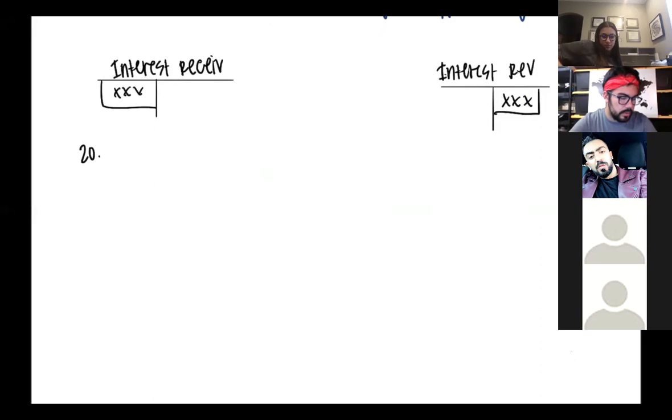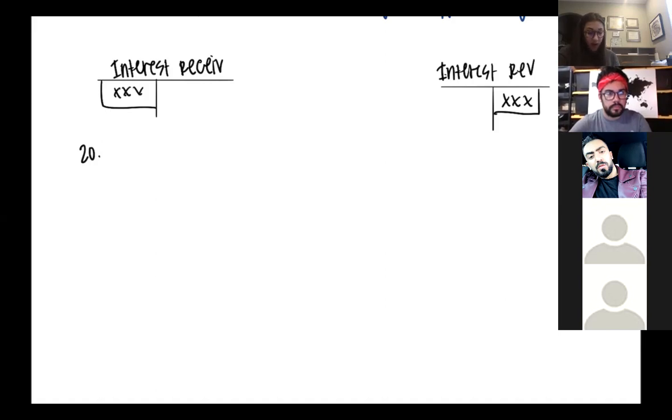So I would do cash debit, and then... What's the mistake they made? Tell me what the journal entry is for the mistake that they made first. Oh, they wrote it as a cash sale, cash debit and sales credit, right?